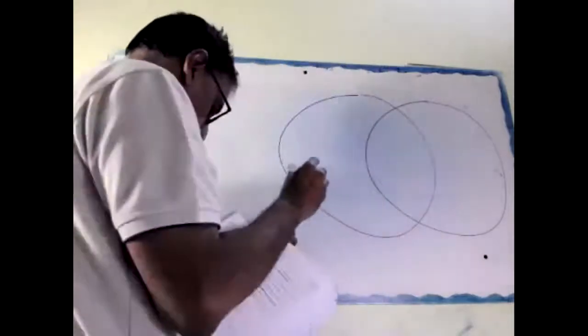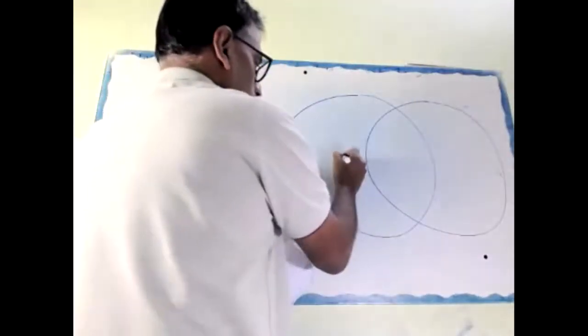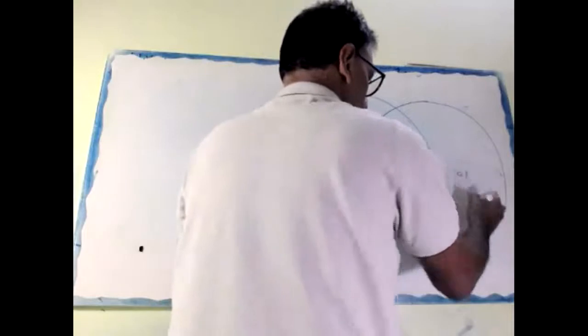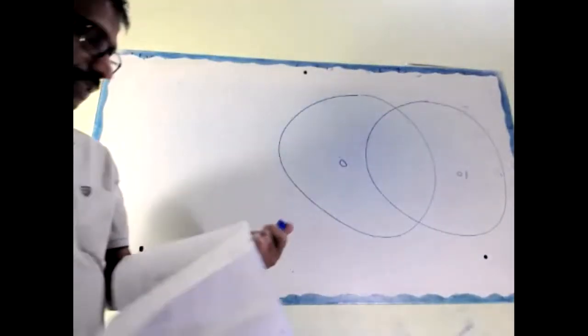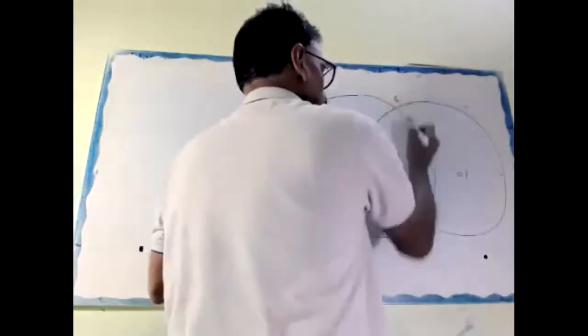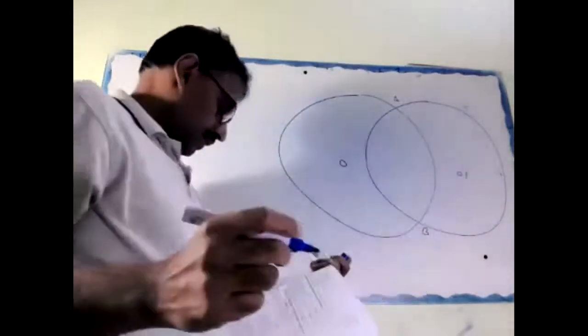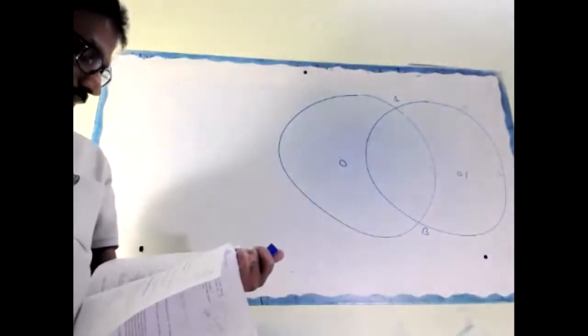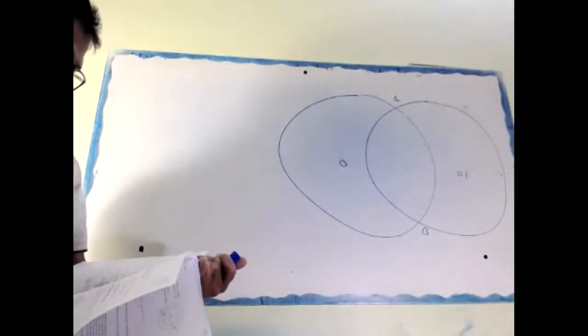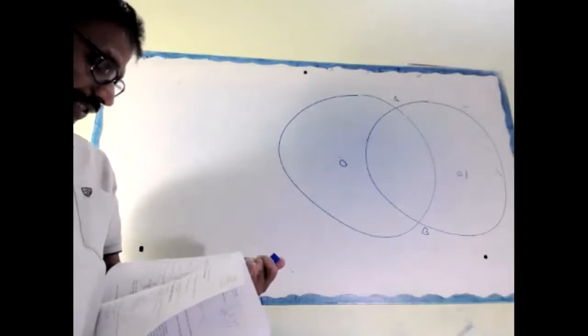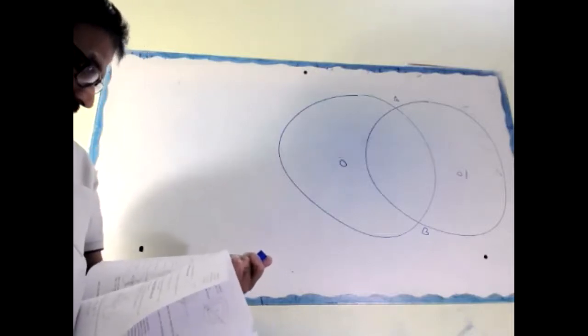The first center is O, second is O dash. The question is what? Two circles intersect at 2 points, at A and B. Prove that the centers lie on the perpendicular bisector of AB.